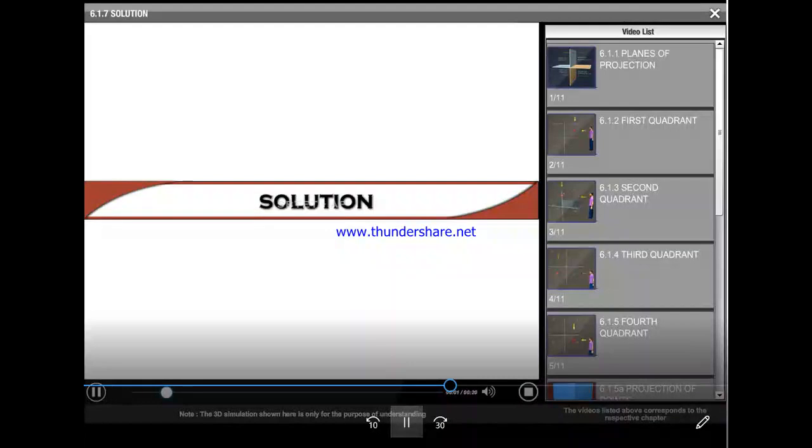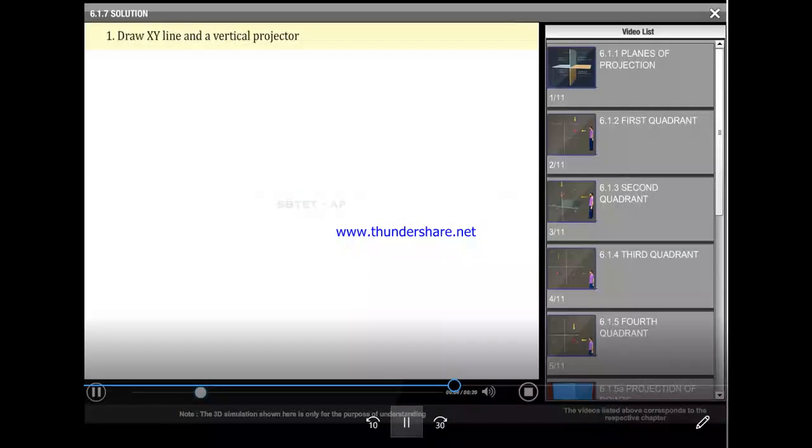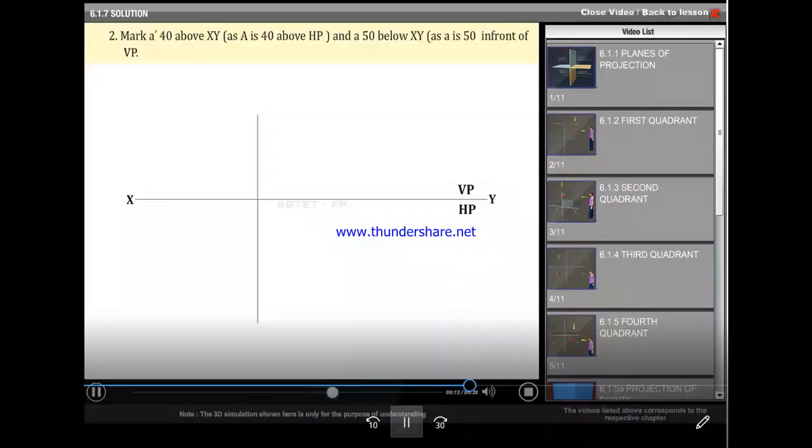Solution to example 1. Draw the XY line and a vertical projector. Mark A dash 40 mm above the XY line and A 50 mm below the XY line.